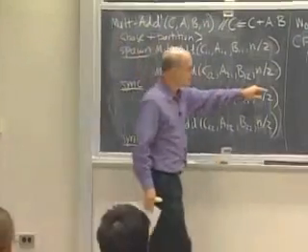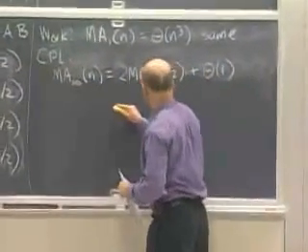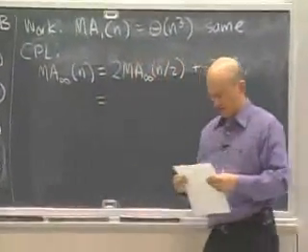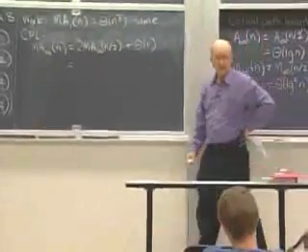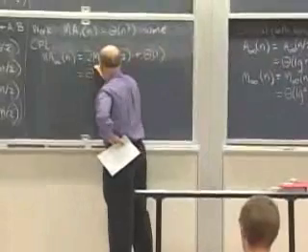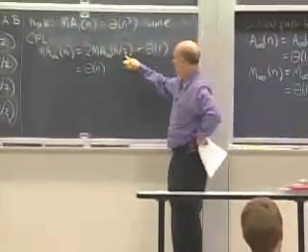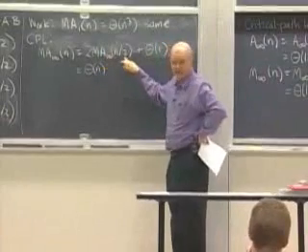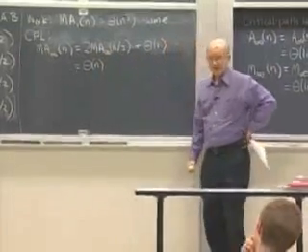Okay? So people see that? So I get this recurrence, 2 M infinity of n over 2 plus order 1. And what's the solution of that? Yeah, that's order n. Okay? Because n to the log base 2 of 2 is n, and that's bigger than 1, so we get order n.